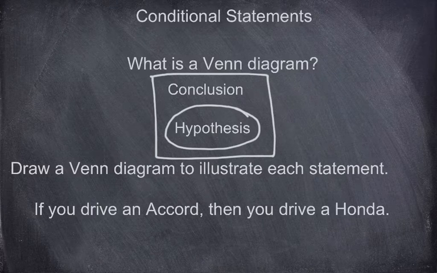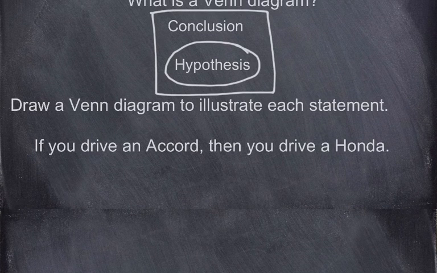So let's actually draw a Venn diagram with a specific example. Here it says if you drive an Accord, then you drive a Honda. Well, the reason why the hypothesis goes in the middle is because not all Hondas, the conclusion, are Accords, but every single Accord car model is a Honda.